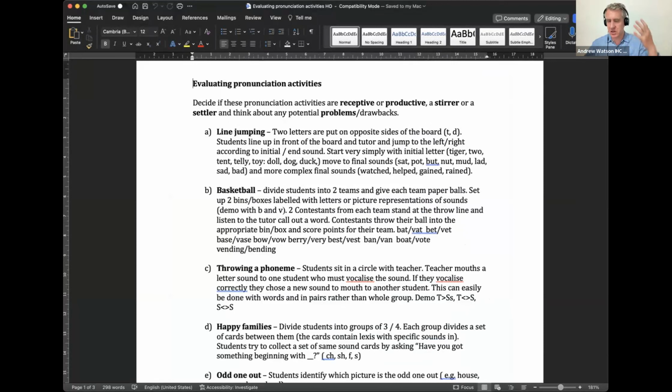Some are receptive, that they involve listening, mainly. Some are productive, in that they involve the students actually producing the sounds. Some are stirrers and some are settlers.